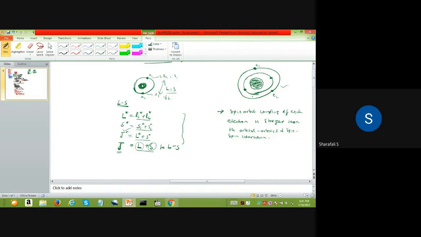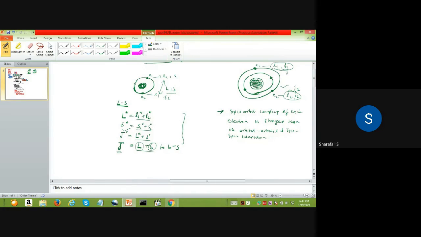But in this case, when your atom has a heavy size, what will happen is that there will be L1 for this, L2 for this, and this is also having S1, and this is having S2. Instead of coupling between L1 and L2, this L1 will couple first with this S1, that is for the same electron. Both L and S will couple first, and for the second electron also, L2 and S2 will interact, and these two will form J2.